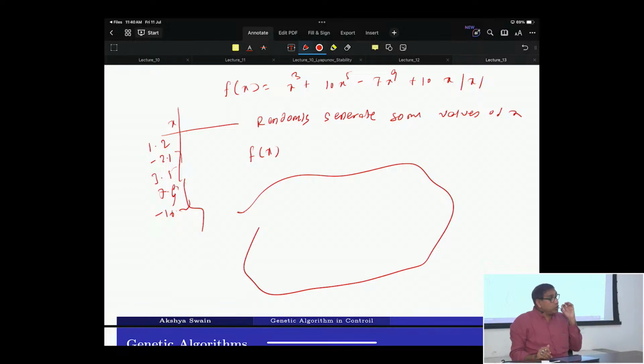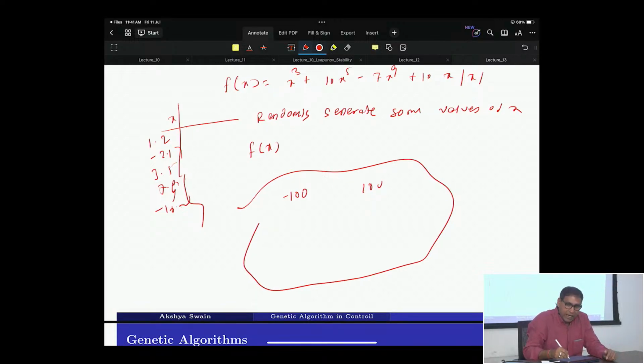Now suppose, because you have your own limitations, you generate some values between minus 100 and plus 100, say 20,000 values, put them into f of x and compute it, then find out for which value of x the function is minimum, right?